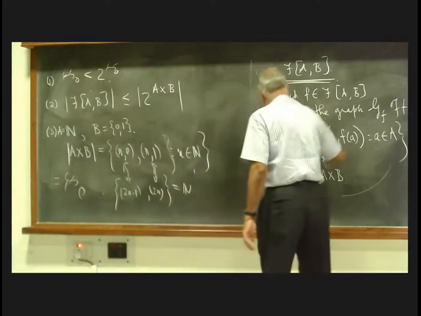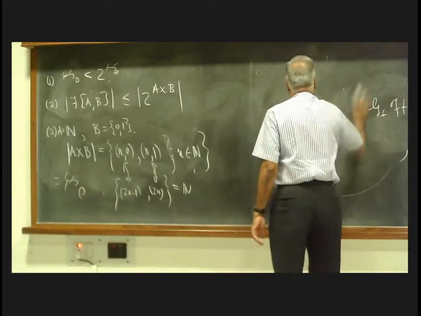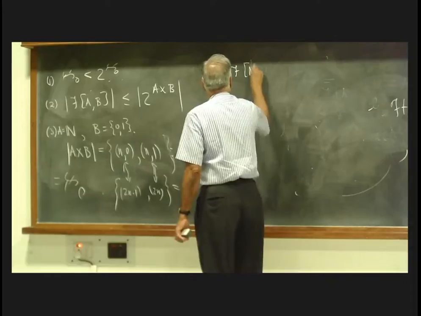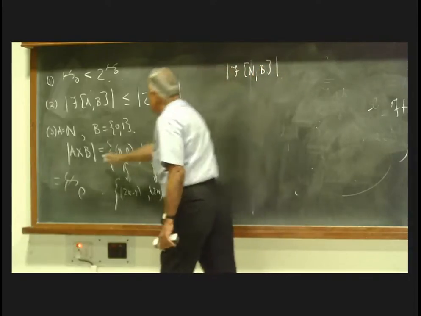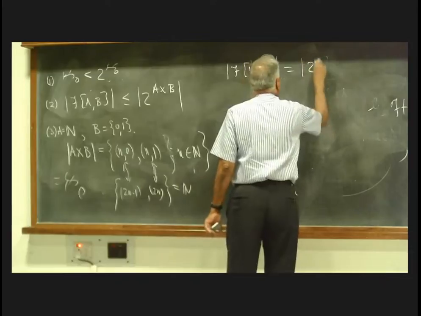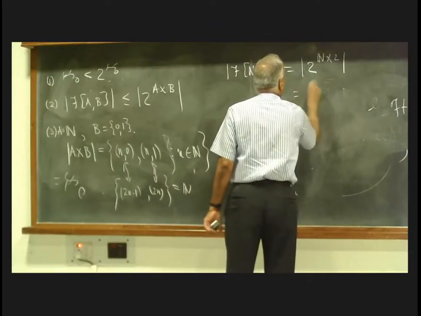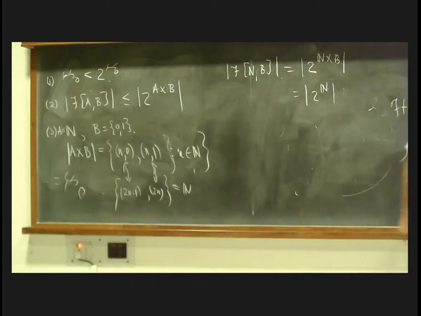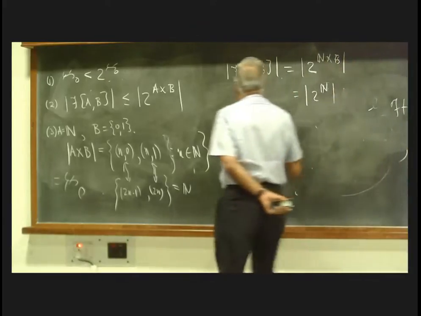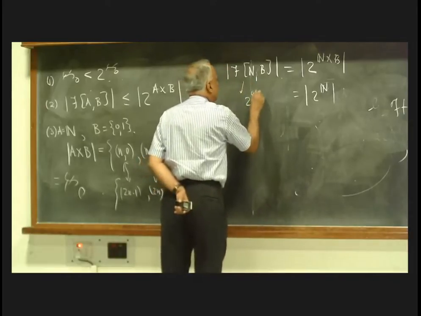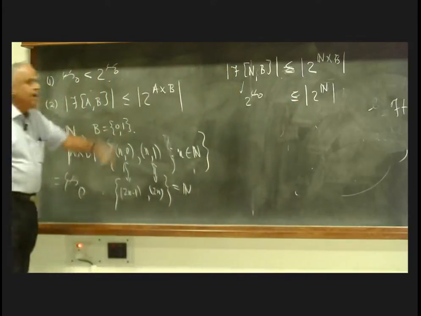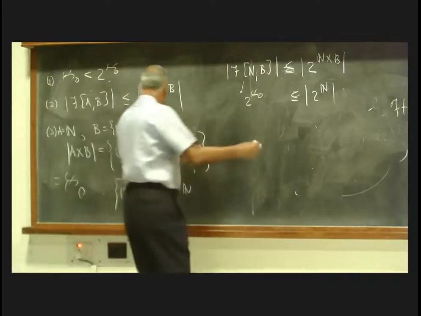On the other hand, I will now use that result here. Therefore, the cardinality of the set of all functions from this N to this B is equal to the cardinality of 2 to the N times 2, which is the cardinality of, because N cross B is N itself, the cardinality. These two sets are equivalent. So it is simply 2 to the N. Okay, but the cardinality of that is 2 to the Aleph naught, by our earlier result.